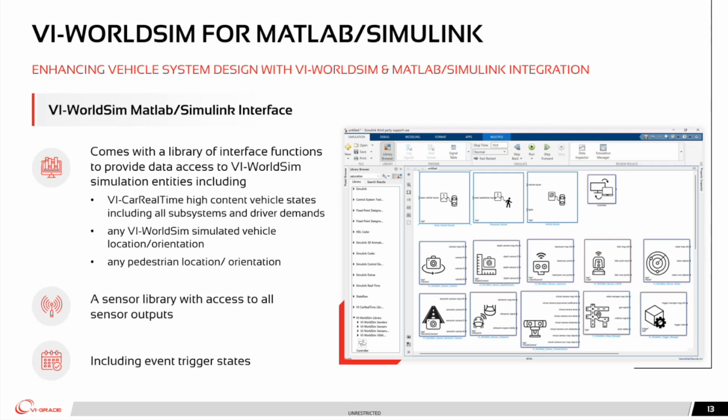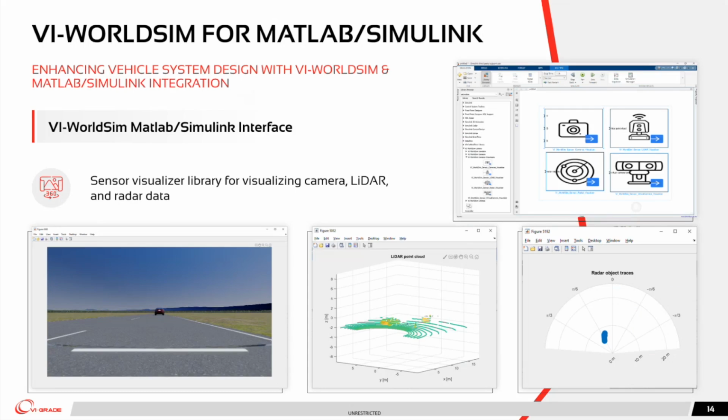You could mount it on fixed objects like signs if you really wanted to, and then all that data can be exposed back into the Simulink model to be accessed by whatever Simulink or MATLAB routines you want to interact with. And then there are also event trigger states that you can have access to. So this extends the environment significantly.